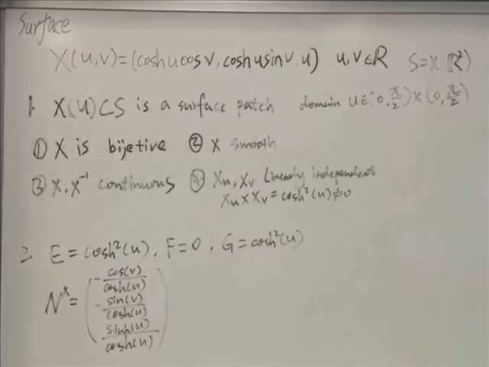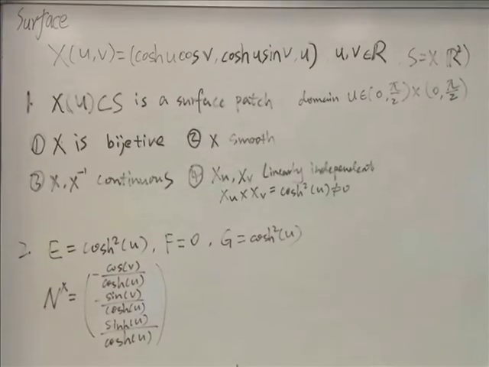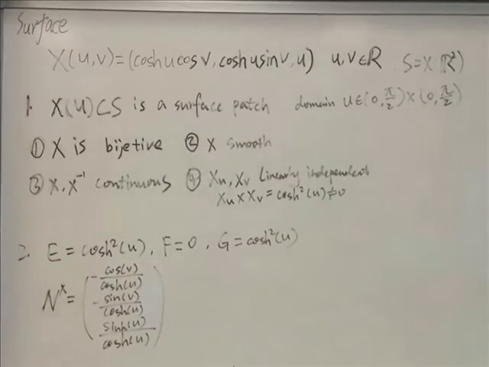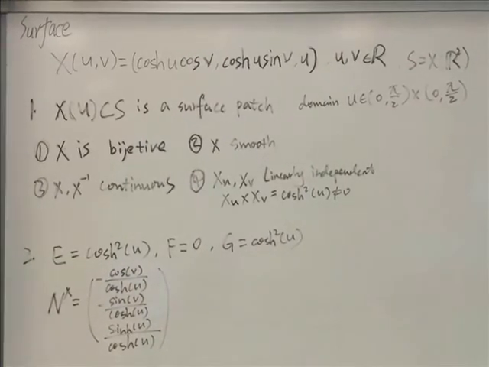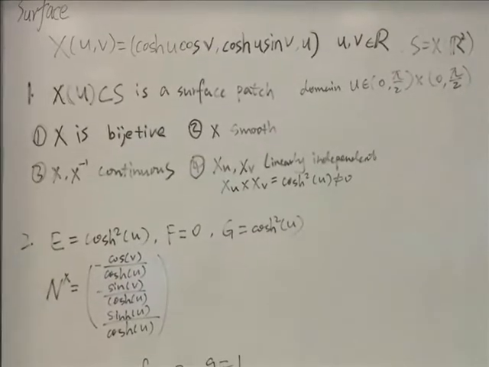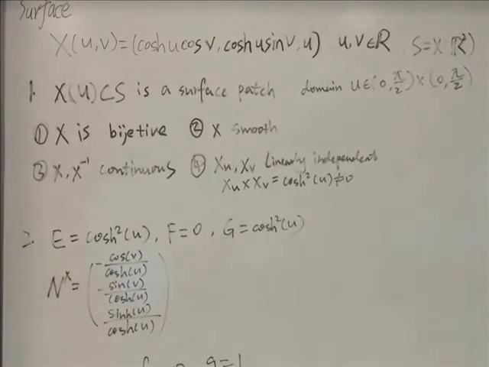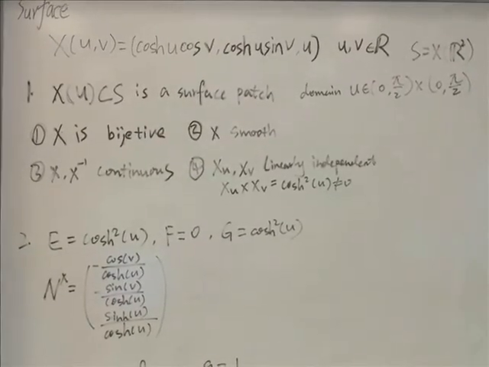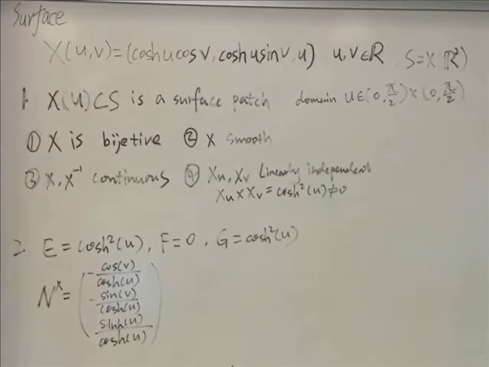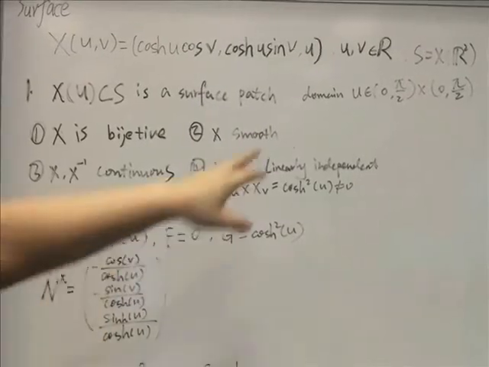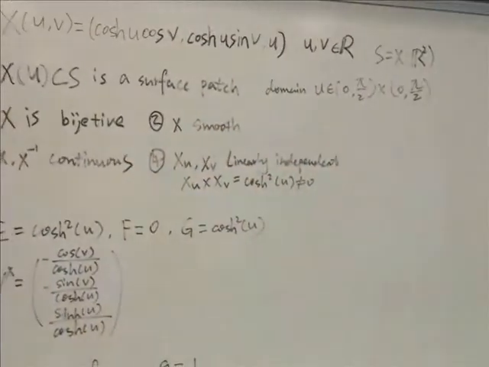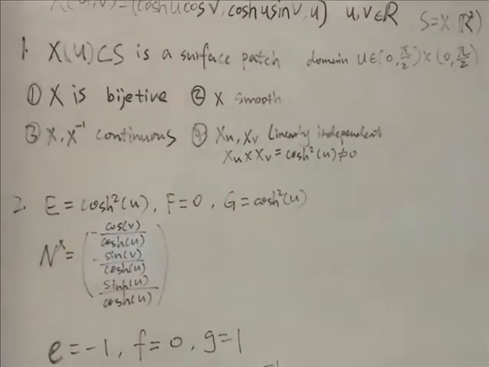So, as you can see, we cannot actually find the curvature for the whole surface. So what we do is restrict the domain and cut it into a surface patch. For our surface patch, the domain of u is from 0 to pi over 2, and the same for v.